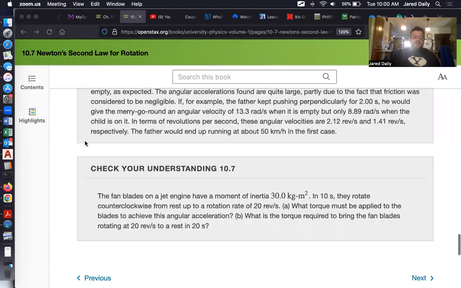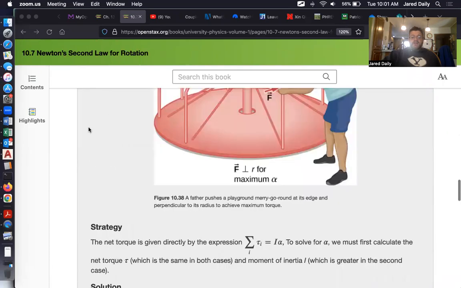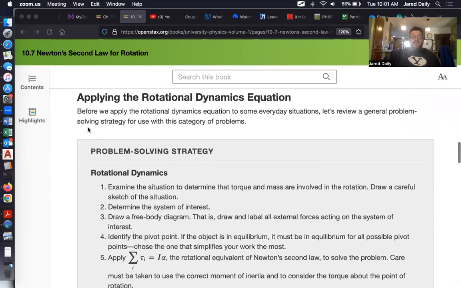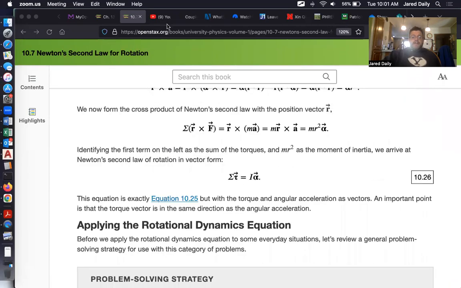There's also a situation you might encounter. Let's say that we have some object, and we're pushing on it from all different angles with different forces. So we have a force this way, this way, this way, whatever.